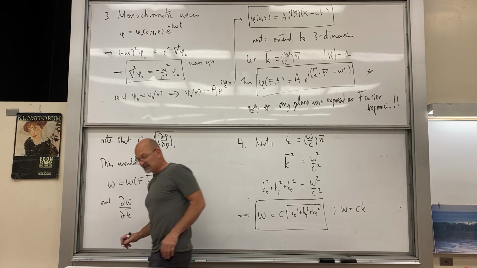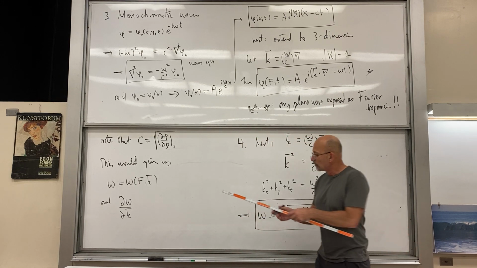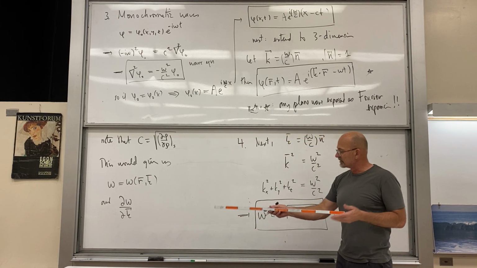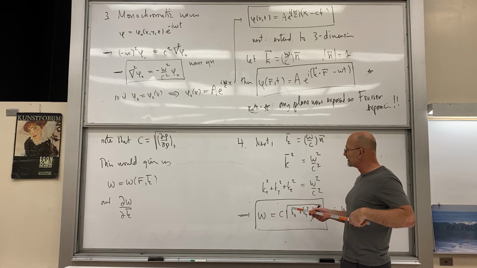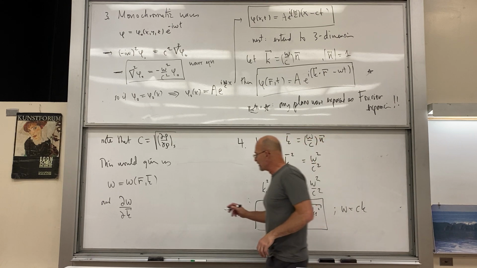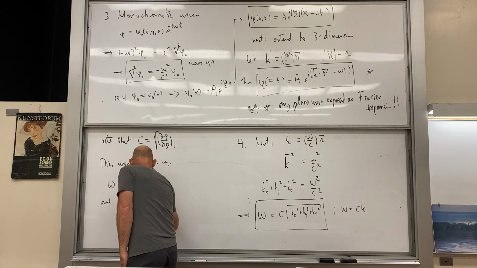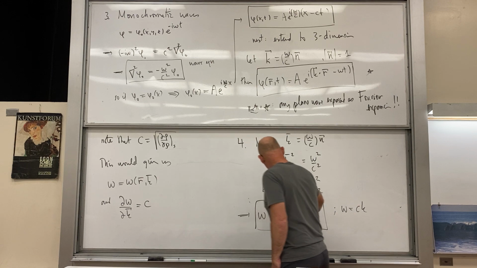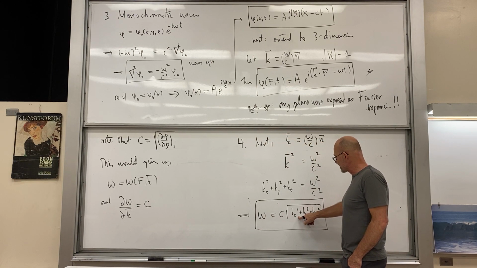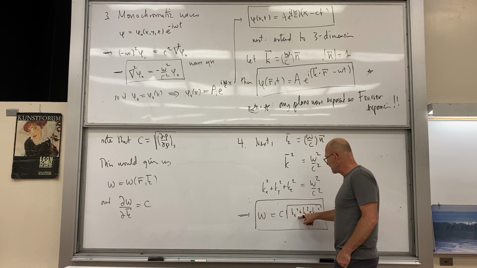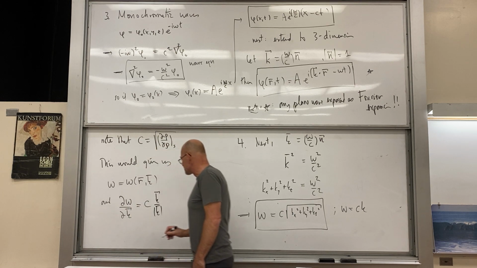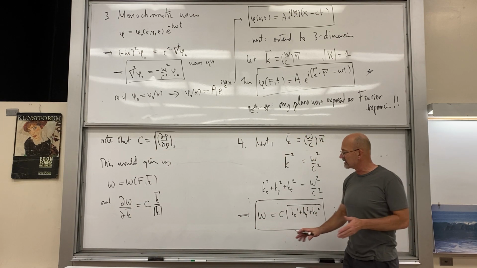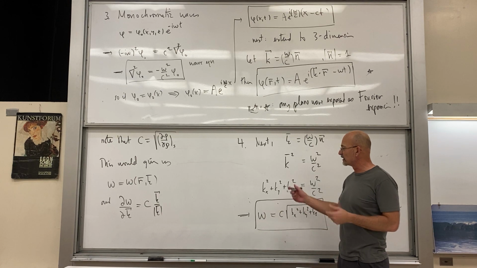So if I say partial with respect to the wave vector k, it's like a gradient, three derivatives, and that would then be c times this object with respect to kx, ky, and kz, and that's just going to be the k vector over the k magnitude, just the unit vector, just the way when you're doing the gradient of r, just a different letter.